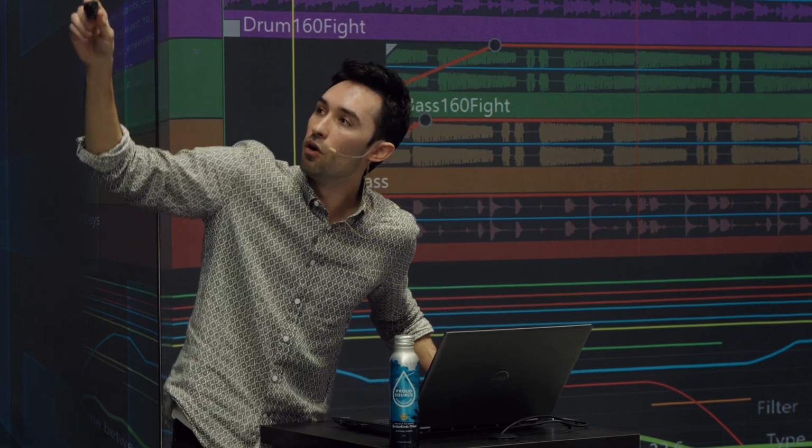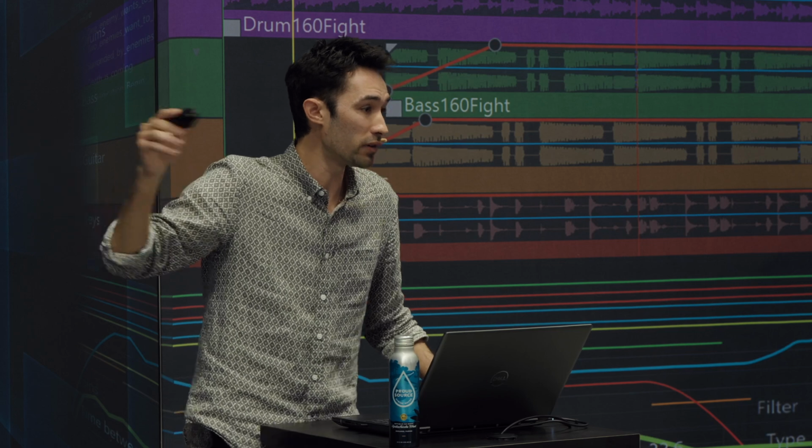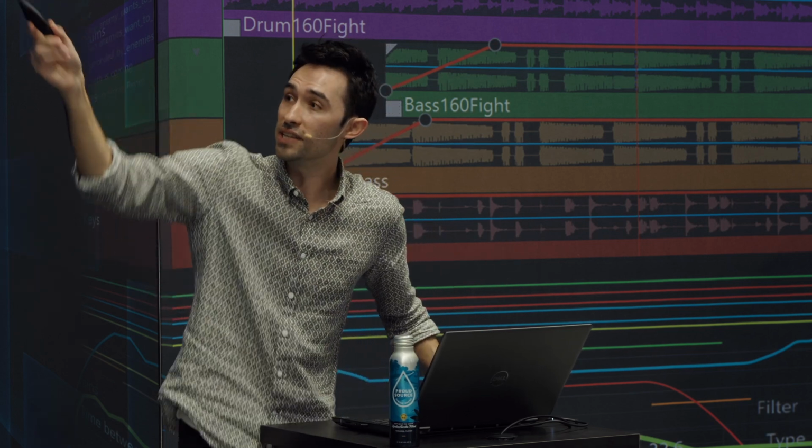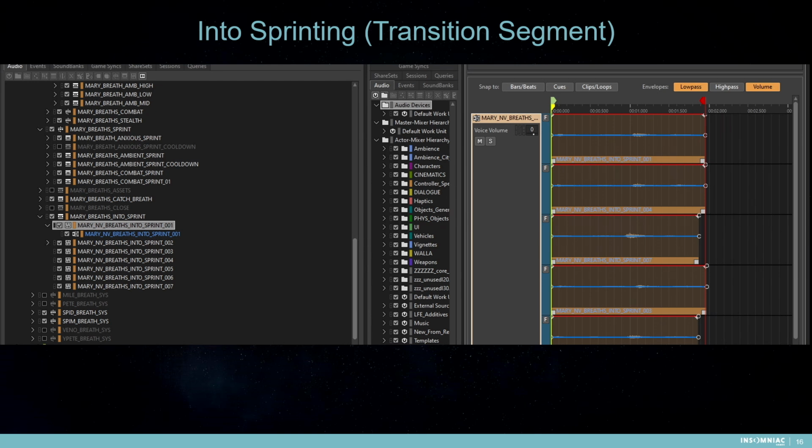So what you're basically saying is, you're going to randomly play one of these one-shots. Whenever that into sprint transition is activated, one of these assets will play, and the same asset will never play twice.